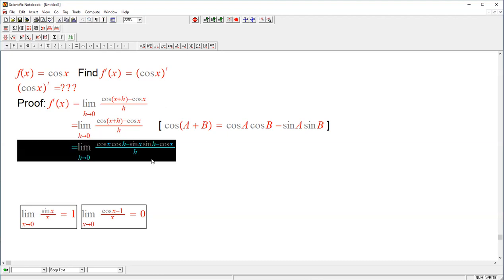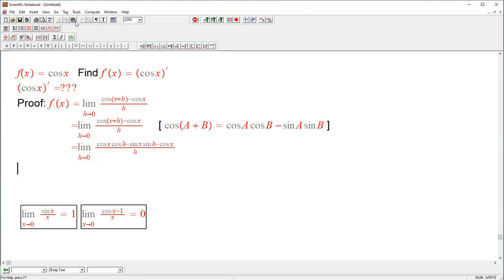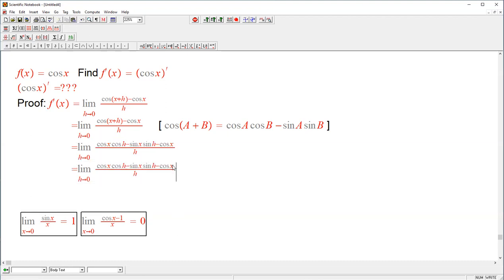Same trick. We're going to bring minus cosine x closer to another term that has cosine x as well, so we can factor it out.